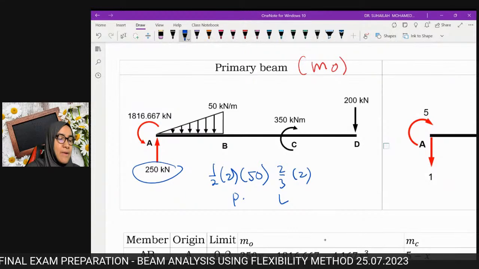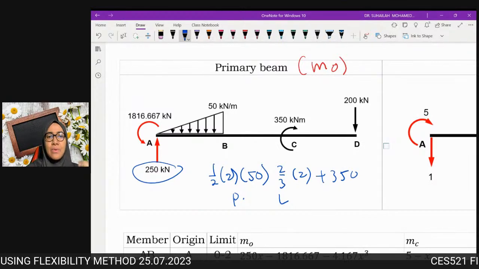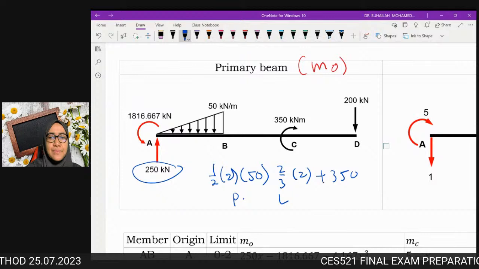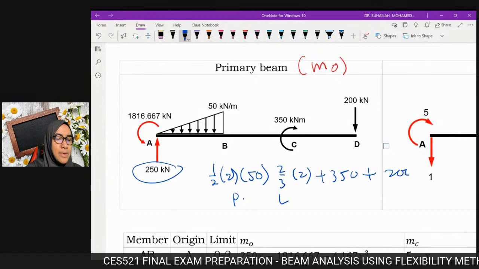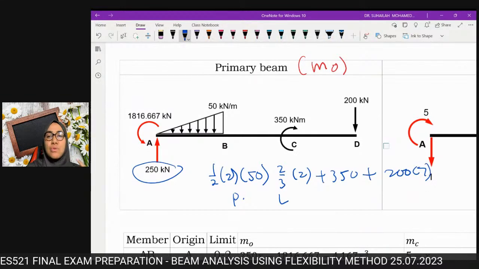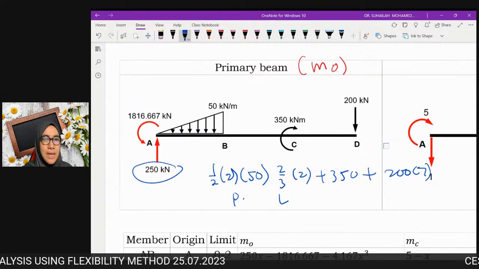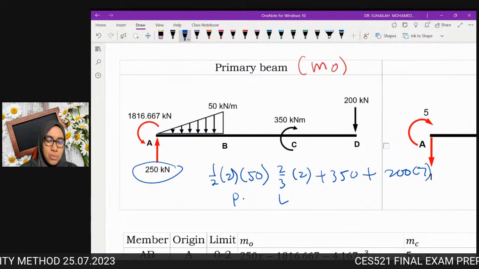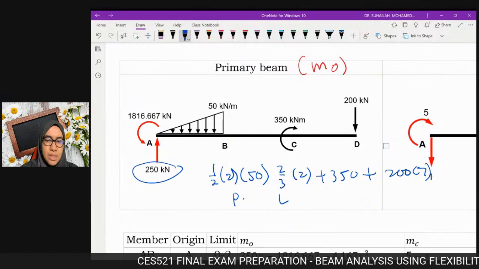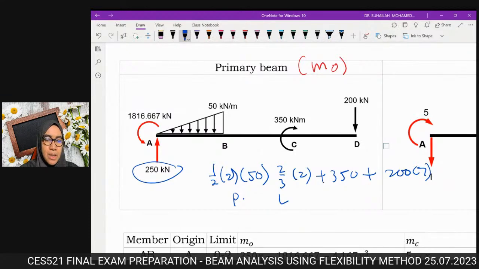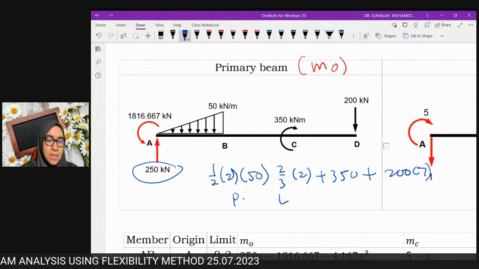Then we plus 350, also acting clockwise, and we plus 200 times 7, also acting clockwise. So the total gives us the answer: 1/2 times 2 times 50 times 2/3 times 2, plus 350 plus 200 times 7.